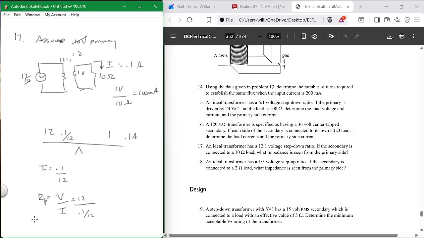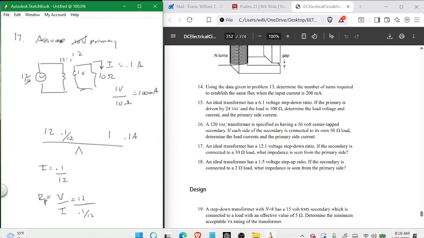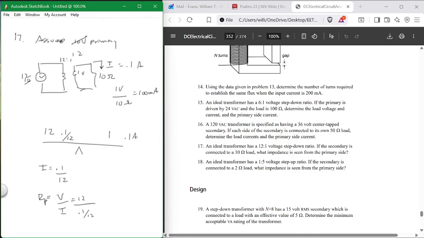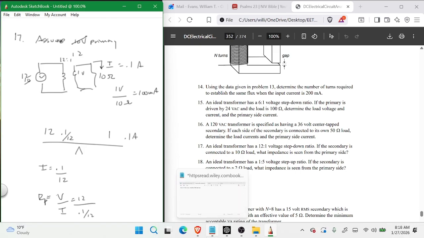Any questions anybody's got? I went through the one problem that I messed up the other day, which was problem 16. You can look at the tape and see how that one's done. Number 18 is the same thing.